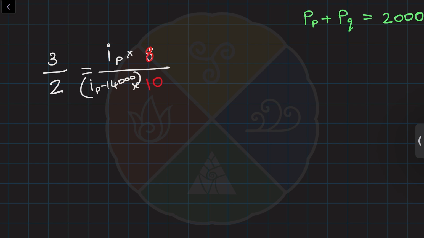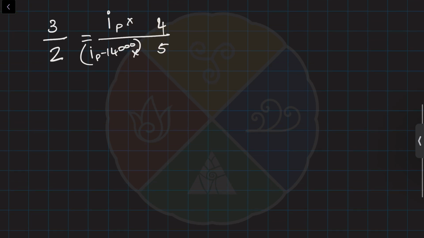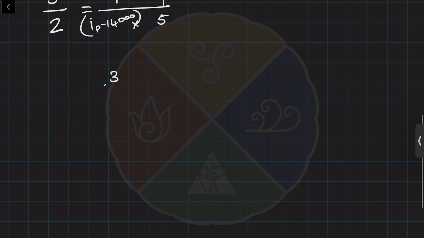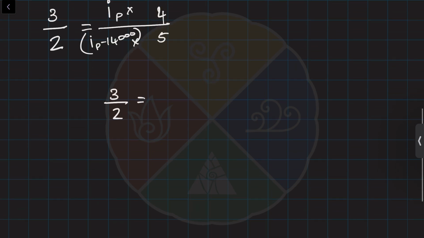You can further simplify this. If I divide these two values by 2, I'm going to get 4 by 5. Now what is the equation which we just got? 3 by 2 is equal to 4 times investment of P by 5 times investment of P minus 14000.